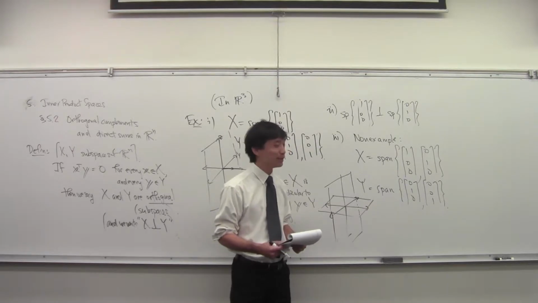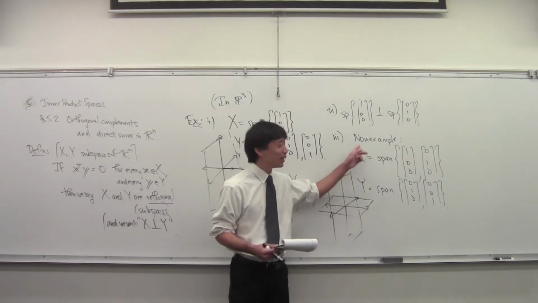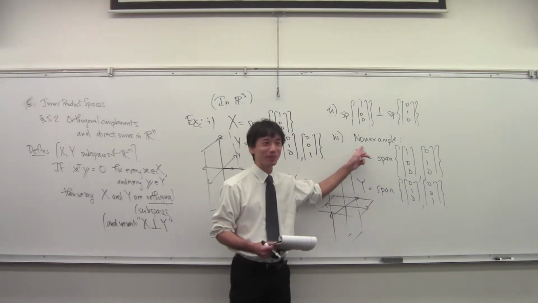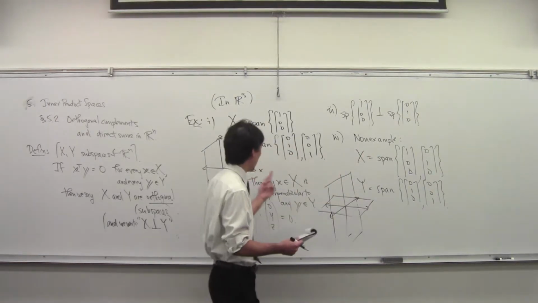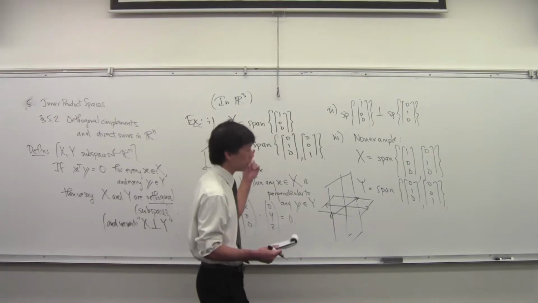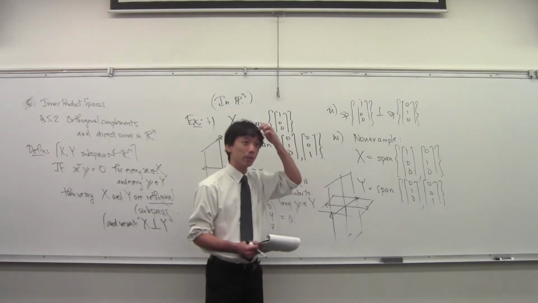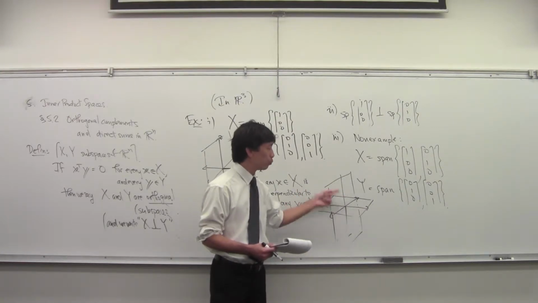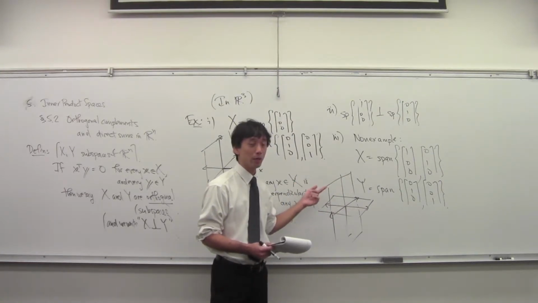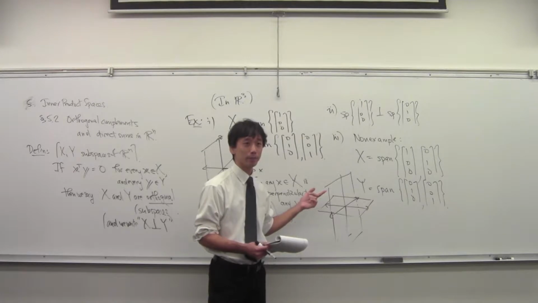The answer is clear because it says non-example. This is not an example of orthogonal spaces, so the answer is no. Why? To be perpendicular means that everybody in the first space has to be perpendicular to everybody in the second space. Can you find two vectors, one in each space, that are not perpendicular to each other?